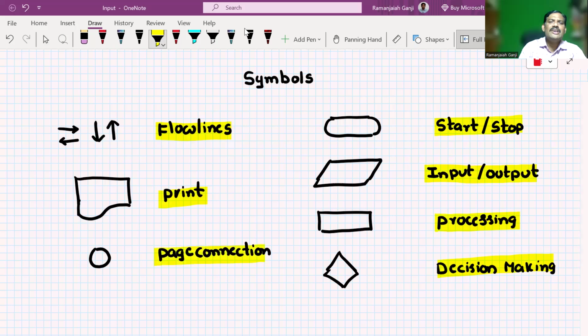And the next one is page connection. If you are unable to complete your flowchart within one page, we are going to connect those two pages using a circle. These are very, very important symbols. If you understood these symbols, then only you are able to write flowcharts.